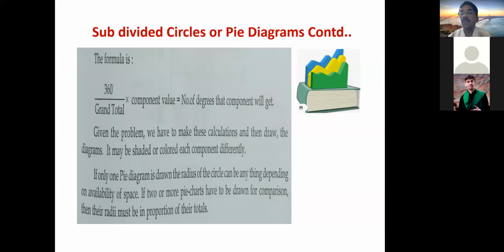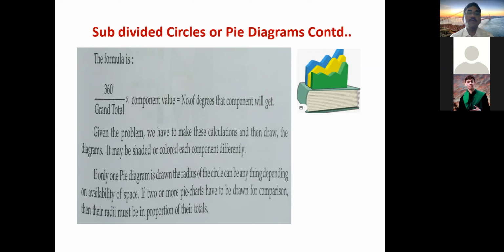Why? Because the total is 360. Whatever number of components you give, whether 10, 25, 3, 2 or 20, 15, any number, all those components have to be adjusted in those 360 degrees only.